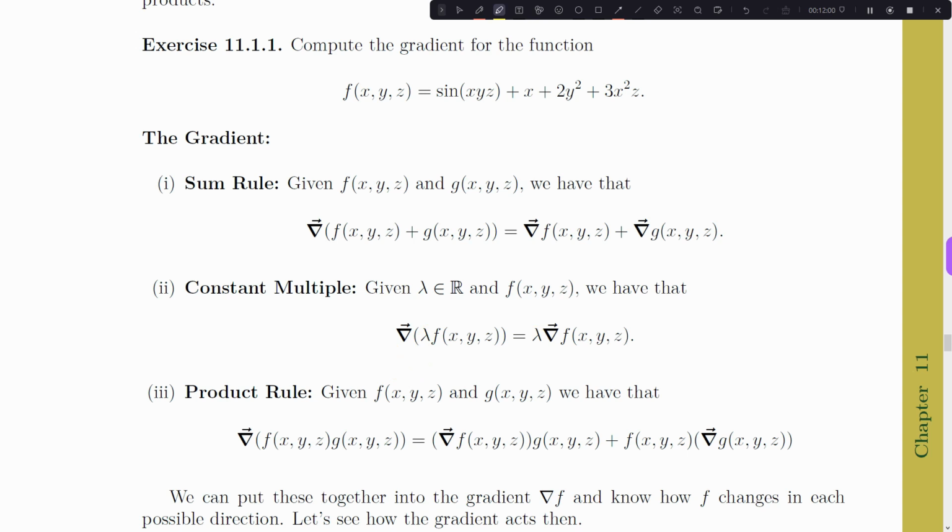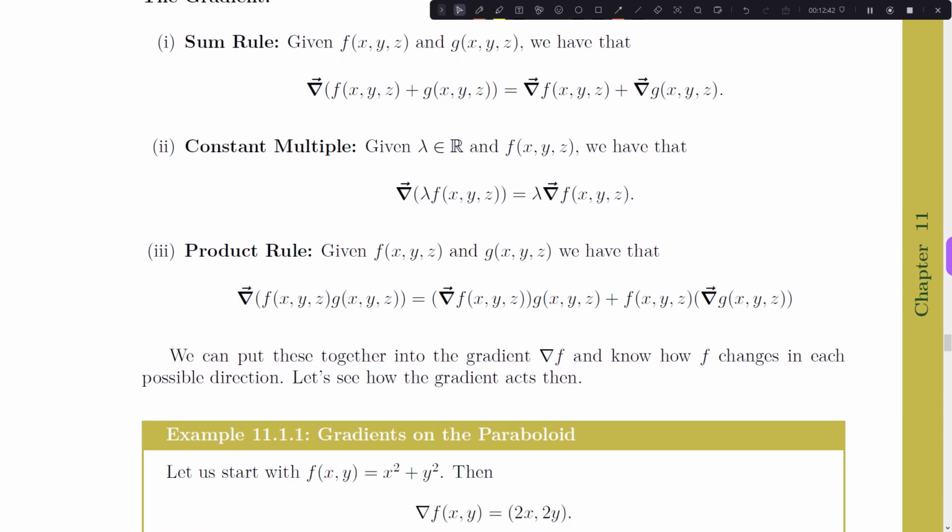It maybe wouldn't seem too natural that the gradient, which produces a vector field, of two scalars multiplied together is equivalent to the vector field computed from one scalar times, with scalar multiplication, the gradient of the other scalar field, and then you add vice versa. Maybe this wouldn't be initially clear, but it makes intuitive sense when we think of this as a derivative that we're going to obey the product rule. So that's just useful to keep in mind.